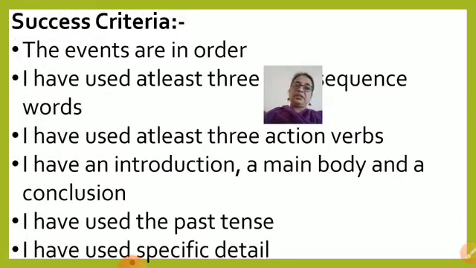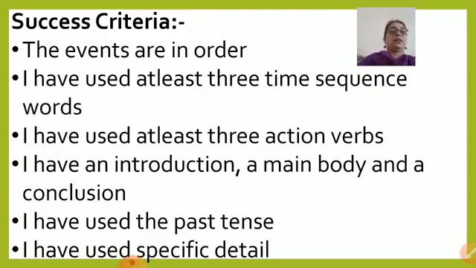Now, after writing the recount, you have to see whether you have written a proper recount or not. So, what is the criteria to write a successful or a good recount? You have to check whether you have written the events in order. Then whether you have used at least 3 sequence words.